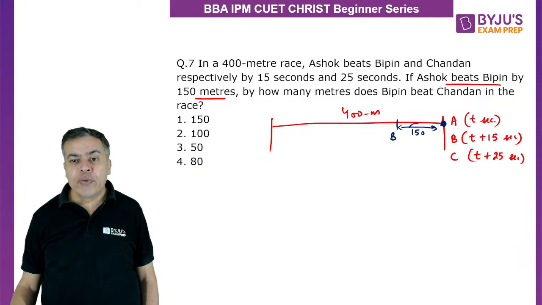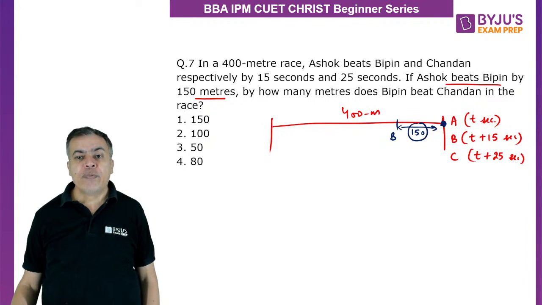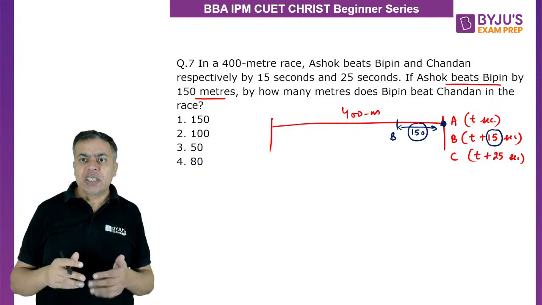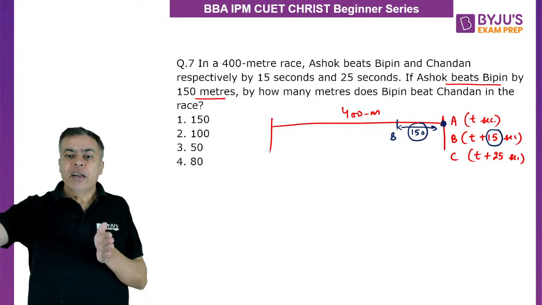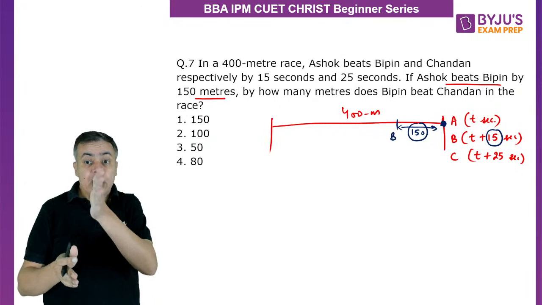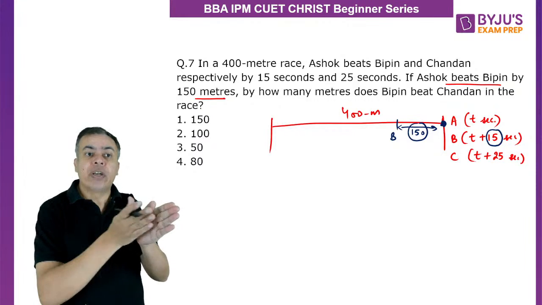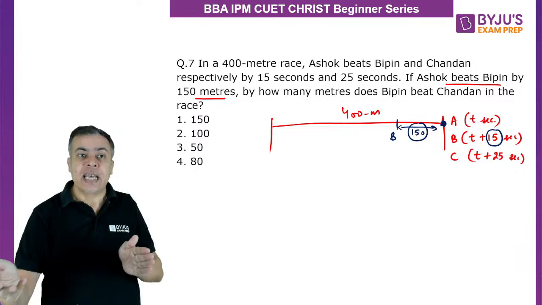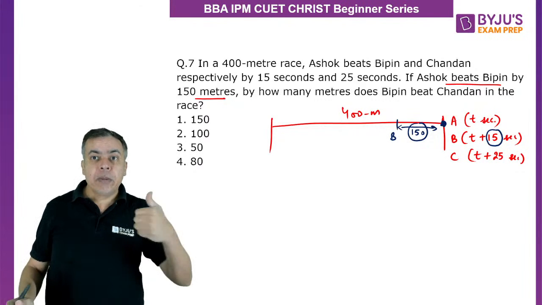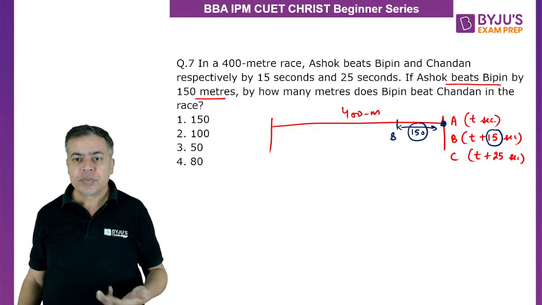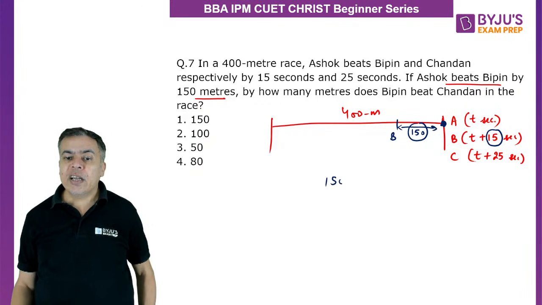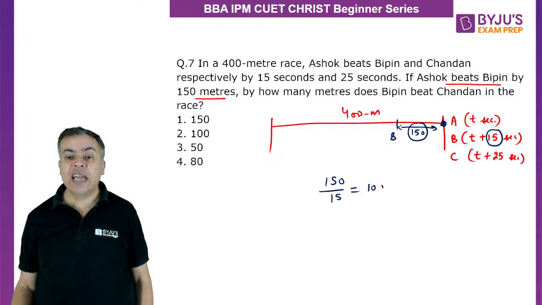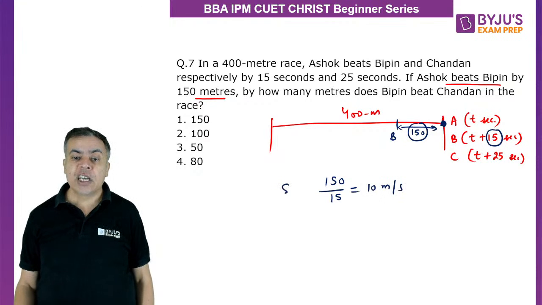Now this 150 meter B has covered in 15 seconds, because in t seconds A reached there and B must be somewhere behind, 150 meter behind. B covered that 150 meter in 15 seconds. That's why A beat B by 15 seconds. So 150 meter is covered by B in 15 seconds, which means the speed of B is 10 meter per second.